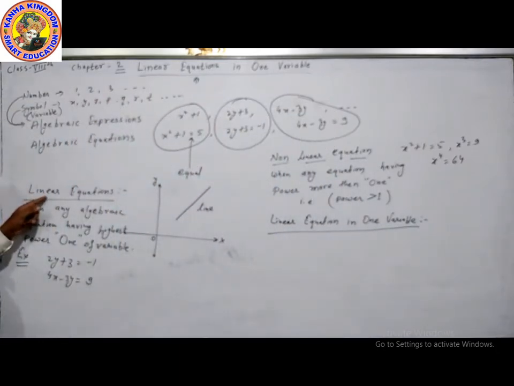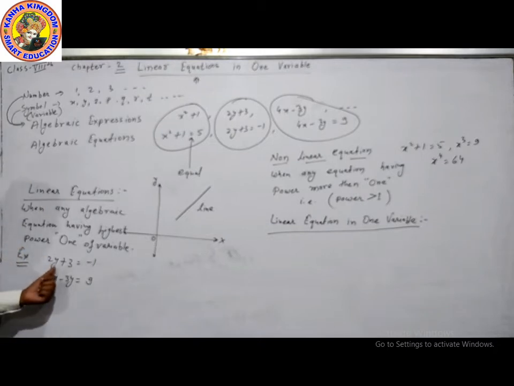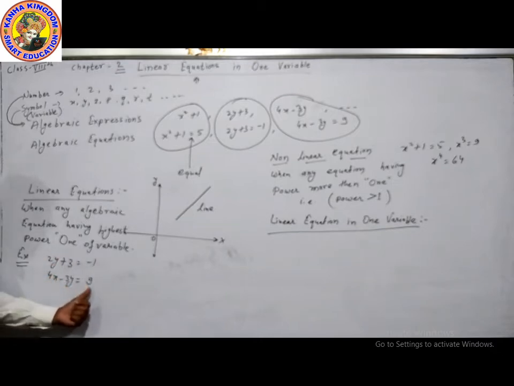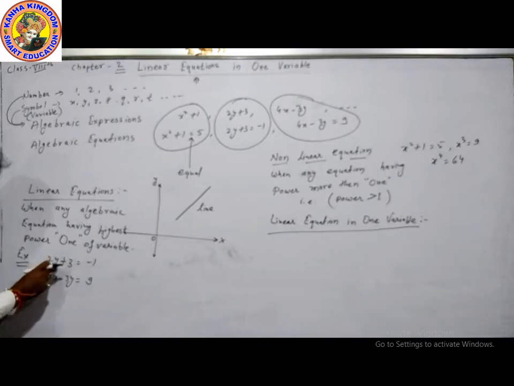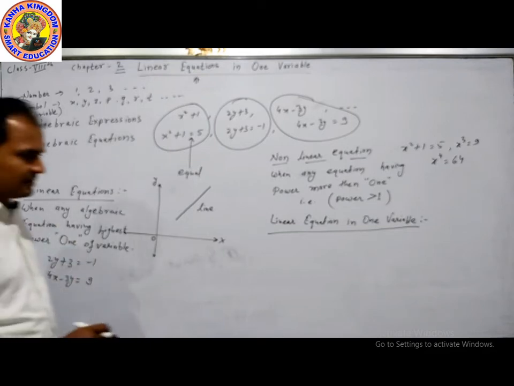In linear equations we have two examples: 2y plus 3 is equal to minus 1, and 4x minus 3y is equal to 9. In the first equation we use y, a single variable. In the second equation we use x and y, two variables. This is a two variable equation and that is a one variable equation.